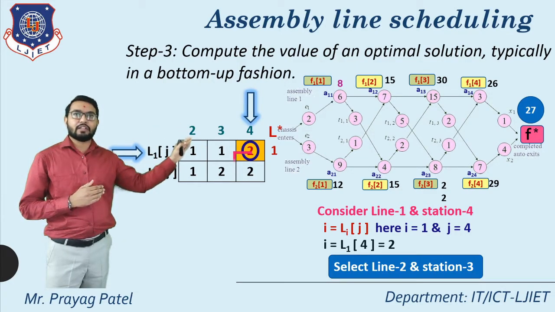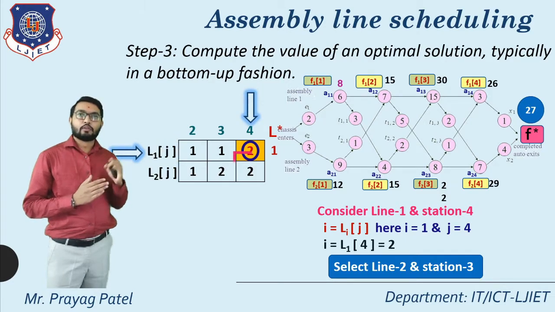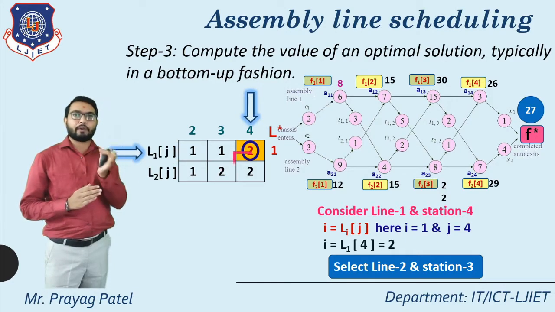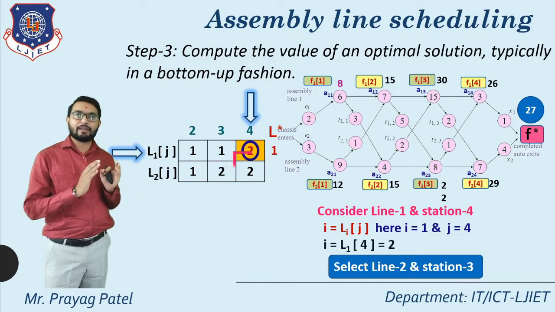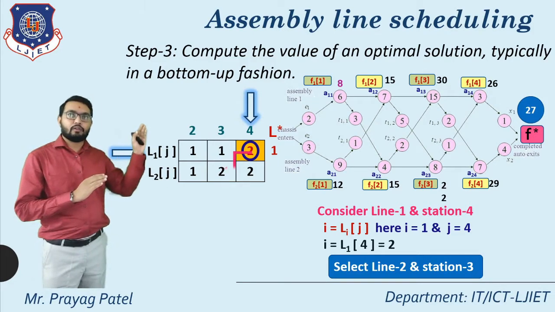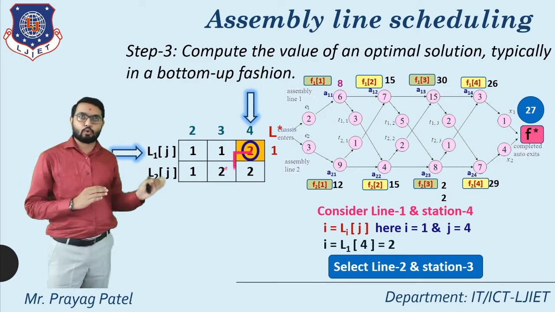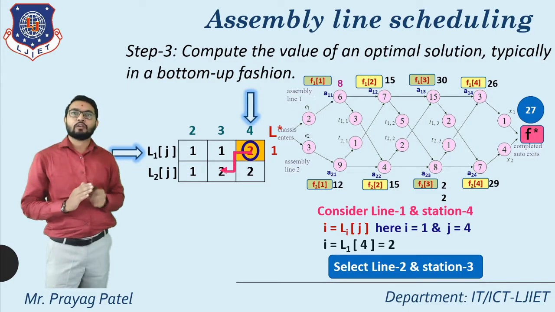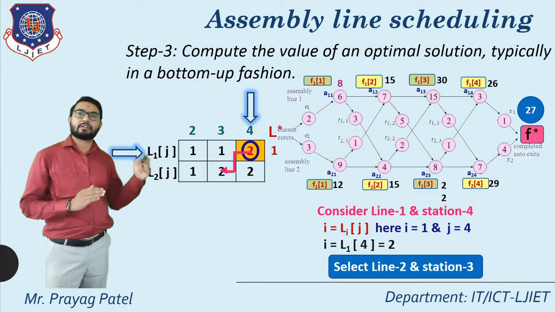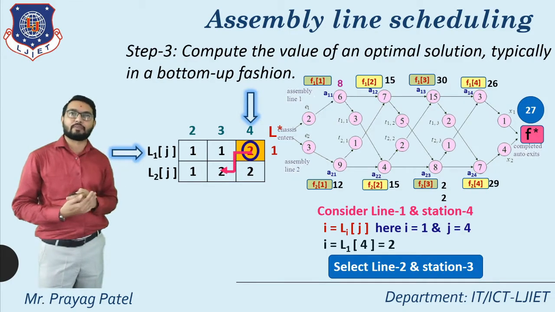In this case we are at station number 4, so the previous step is station number 3. So we can simply say that the value 2 means we select line number 2 in station number 3. So here consider line number 2 and station number 3 for our next process.